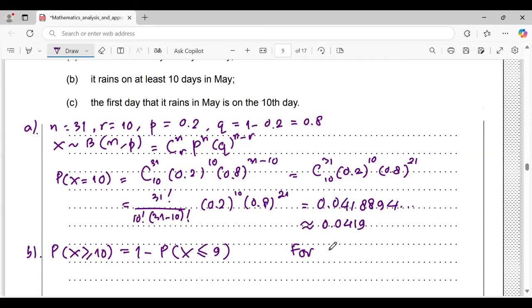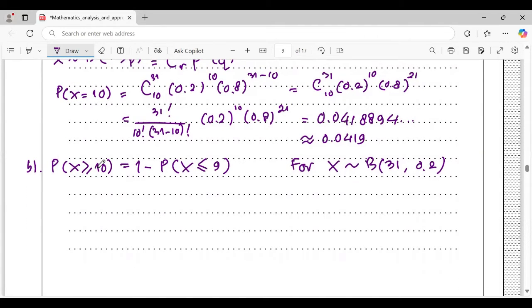For the binomial distribution, X is binomially distributed with n equals 31 and p equals 0.2. Through a calculator or binomial distribution table, you can find probability X less than or equal to 9 based on this distribution.